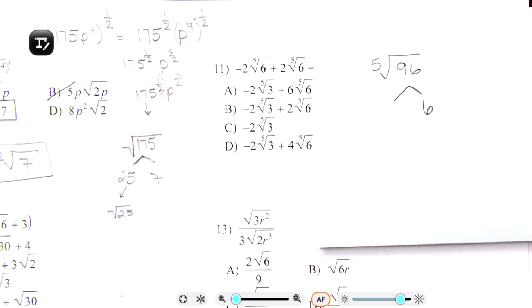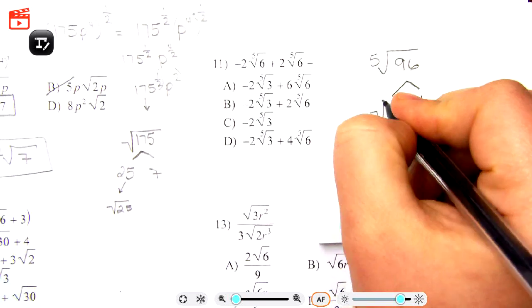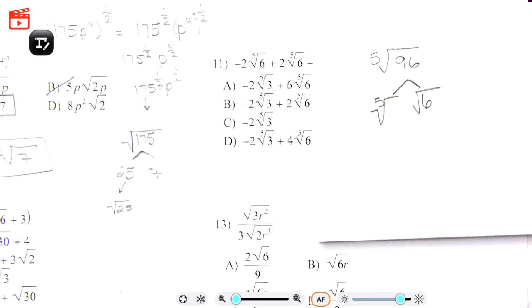But again, we need to have it be the fifth root of something times 6. Okay? So let's see here. What times 6? I'm trying to think. I don't think that works.